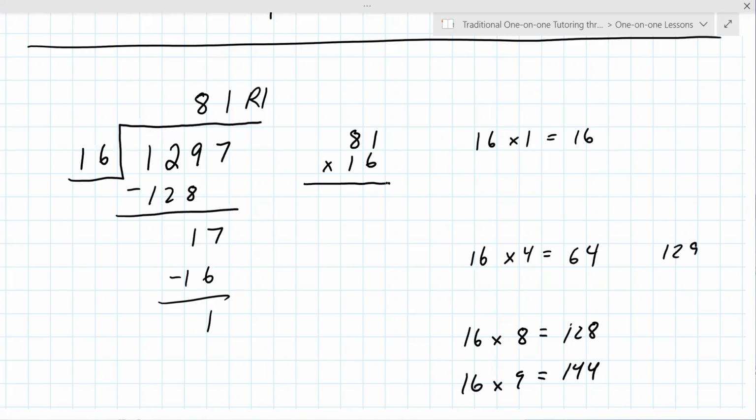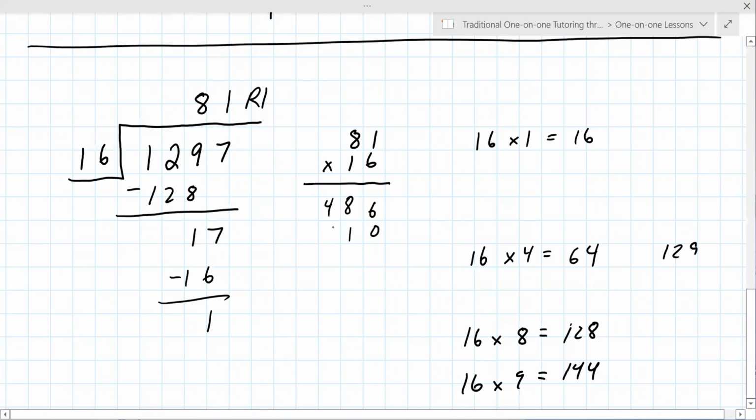Yep, that's what I've got. Good. Go and add it up. And then you add 1.